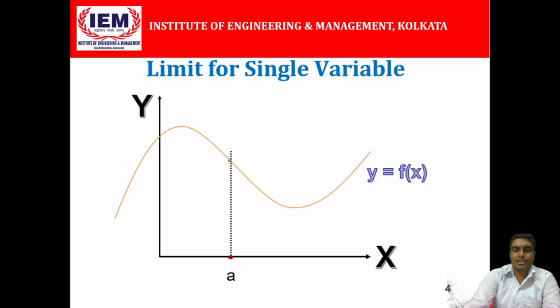If I approach this point from the left hand side, that limit is exactly equal to the limit if I go from the right hand side to the point a, right? Then if the two limits, left hand side and right hand side, are equal, I can say that the limit at the point a of this function y equal to f(x) exists.